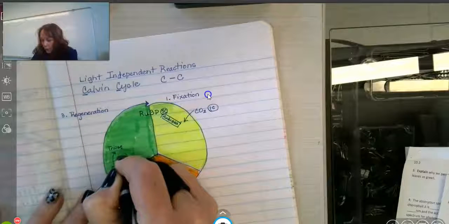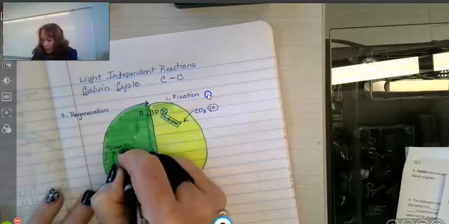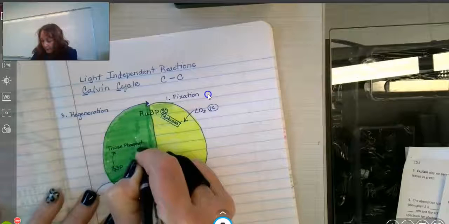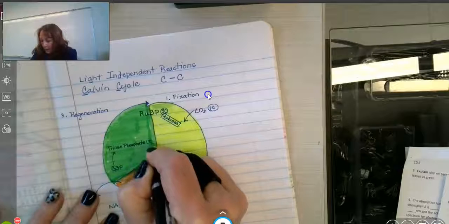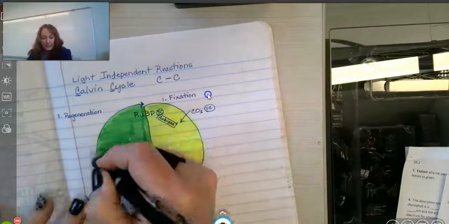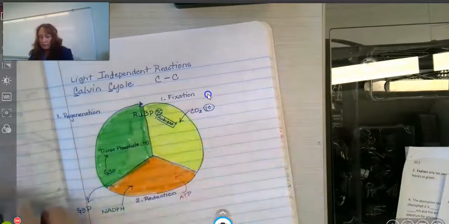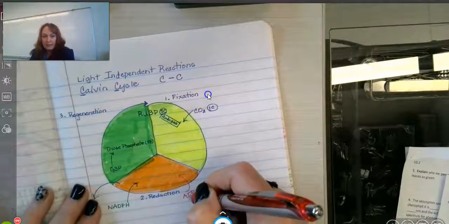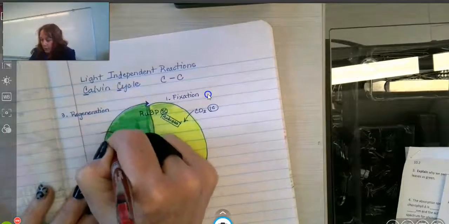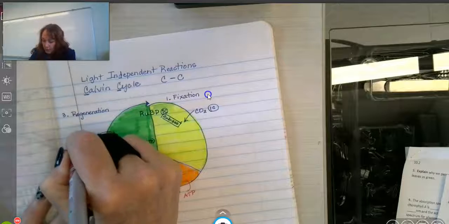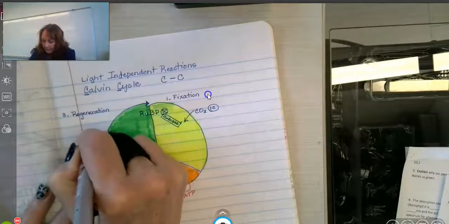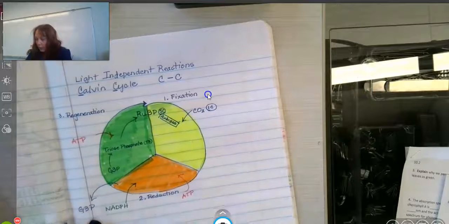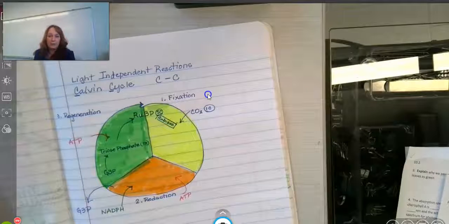Tri means 3, ose is sugar, triose phosphate, called TP. And then, hocus pocus, a bunch of changes. Oh, you mean we're going to rearrange some things? Wouldn't we need ATP for that? Yes, you would. So you'll use some more ATP, and you'll end up back with the RuBP that you started with.